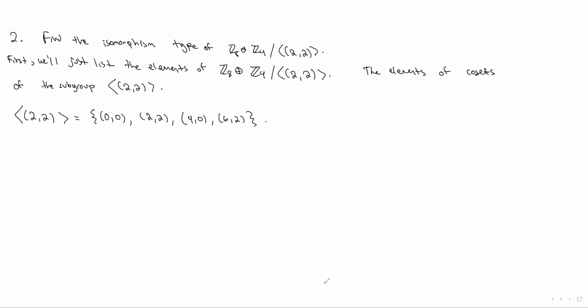Okay, so now we'll list the cosets. There's (0,0) plus (2,2), and that's just the subgroup itself.